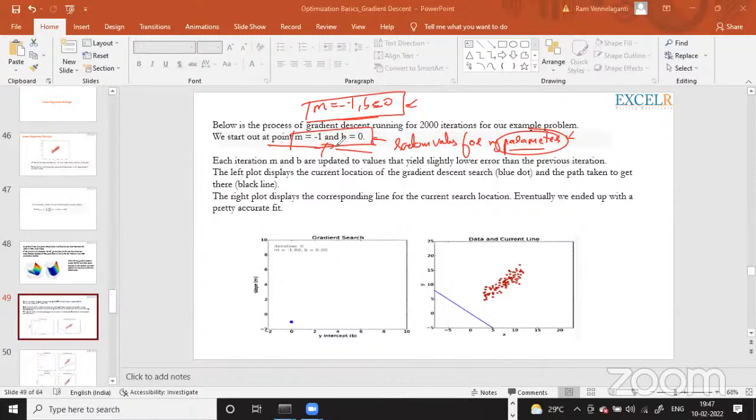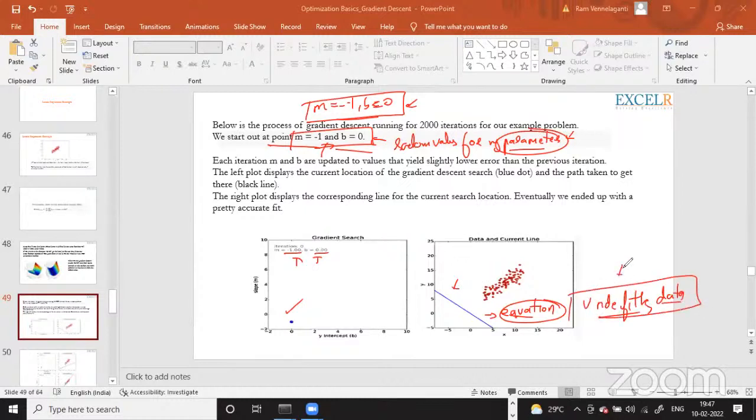So this is my first set of random values. For M is equal to -1, B is equal to 0, my equation is completely incorrect. It is underfitting my data.